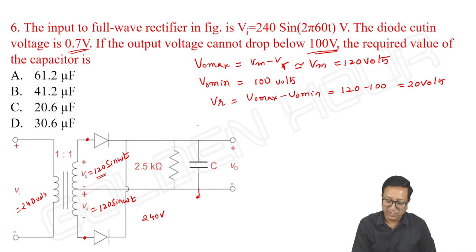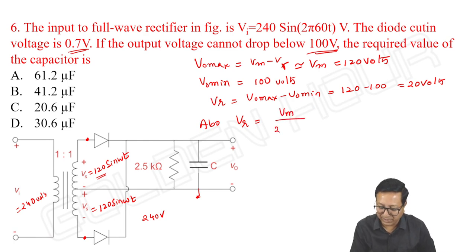Okay, it is fine. Also, we know that VR is equal to Vm or V output maximum by 2FRL into C. Okay. So, C is equal to Vm by Vr into 2F into RL.